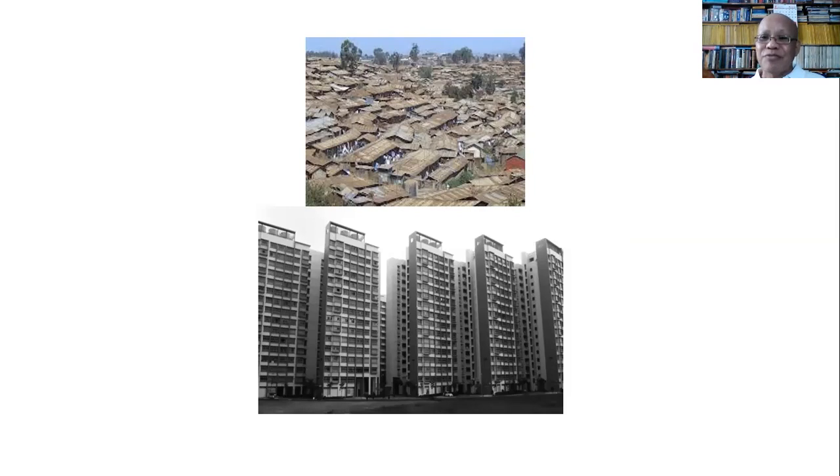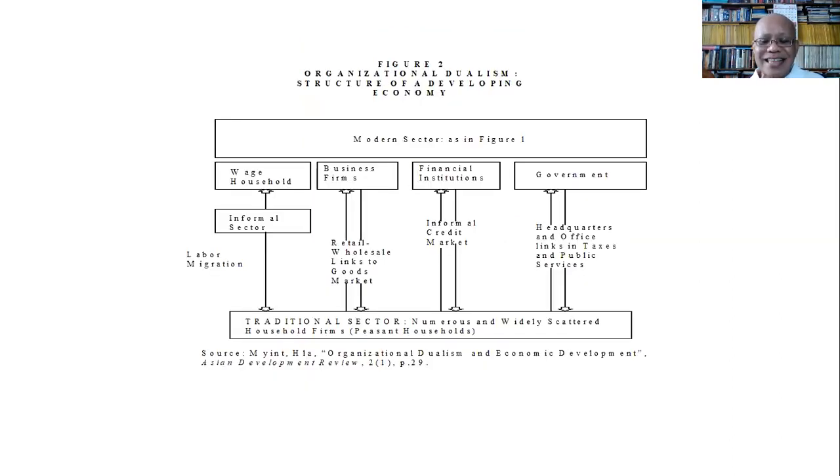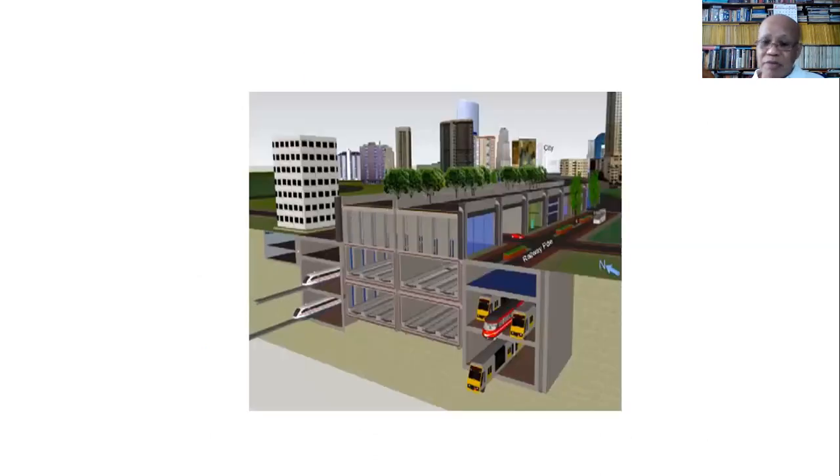And they might not have ready access to any of the jobs and any of the opportunities available in the modern sector. Which is why when one is thinking of the process of economic development, one is talking about integrating the informal sector with the modern sector. And this is, among other things, made possible through the provision of infrastructure.